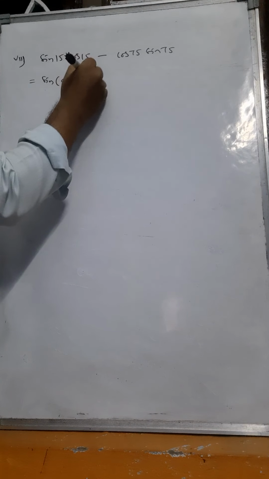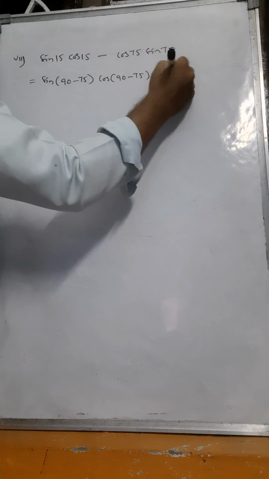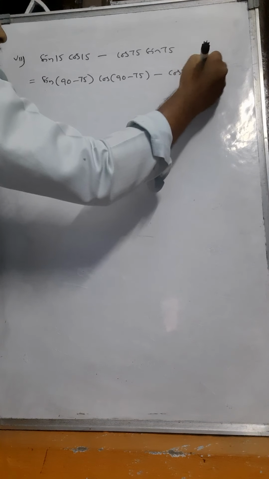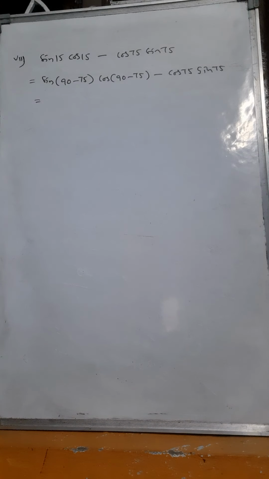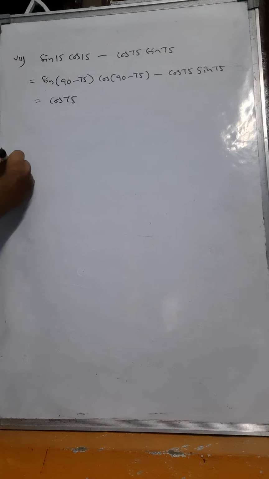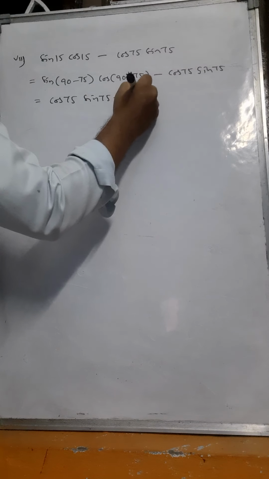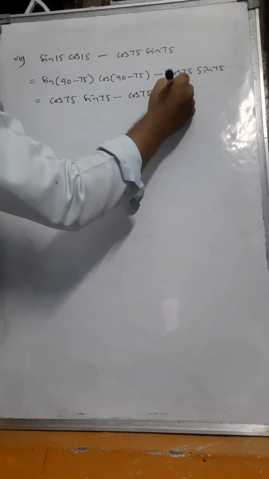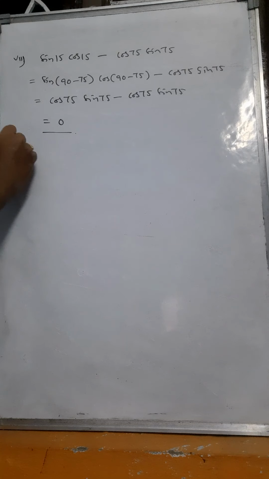Sin 15 we can write as sin(90 minus 75), cos 15 as cos(90 minus 75), minus cos 75 sin 75. Sin(90 minus theta) means cos theta, so cos 75. Cos(90 minus theta) is sin 75. So cos 75 sin 75 minus cos 75 sin 75, both will get cancelled, that is equal to 0.